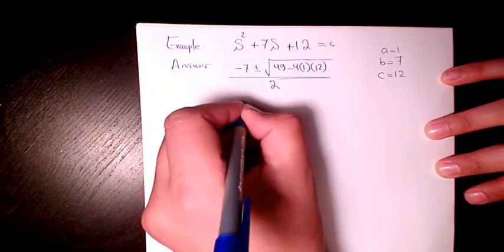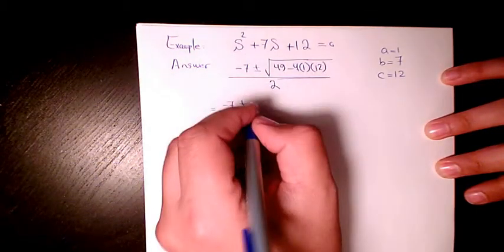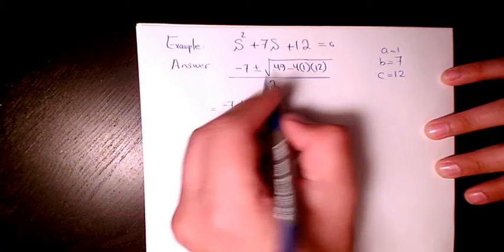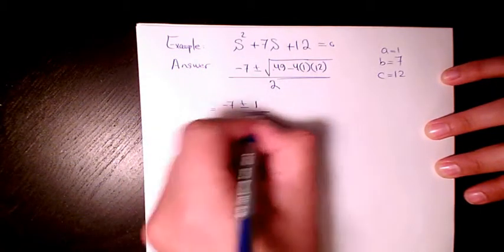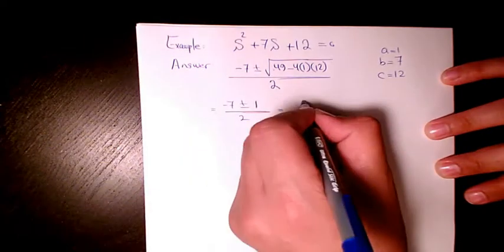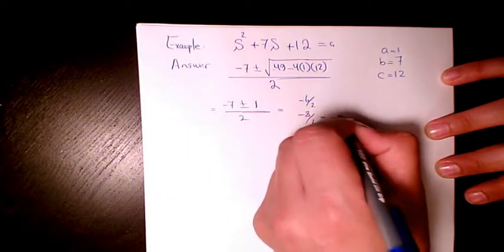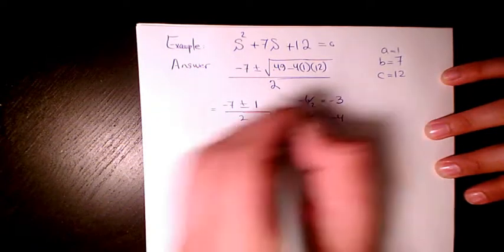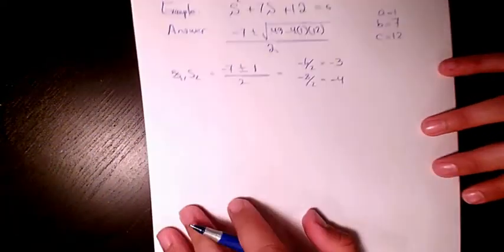Negative 7 plus minus square root of 49 minus 4 times 1 times 12, which is 48. So 49 minus 48 is going to be 1, and square root of 1 is 1. So we have negative 6 over 2 and negative 8 over 2, which will be negative 3 and negative 4. That's the s1 and s2.